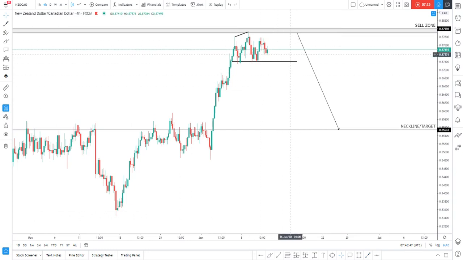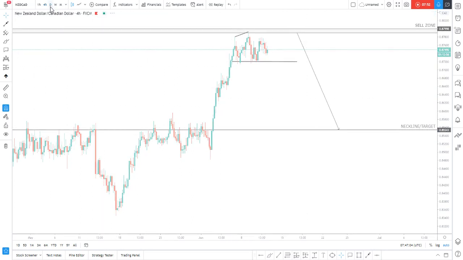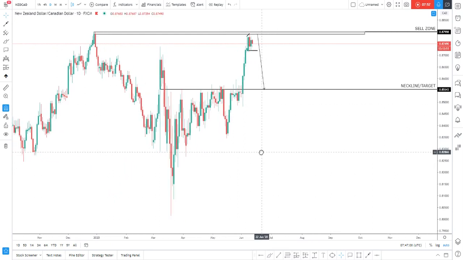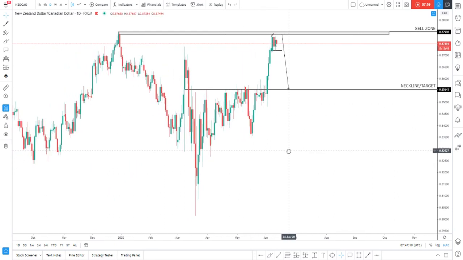If this level breaks, and with the factors aligned there's a tendency it will break this level, then come back for a possible retest where my entry will be gotten, then I look to short down further to the target, which is the weekly target. So my sentiment on NZD card is a short.